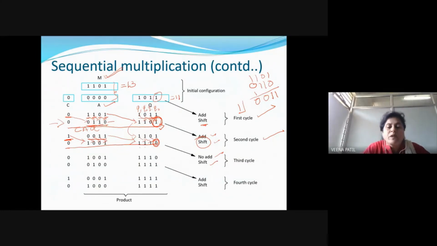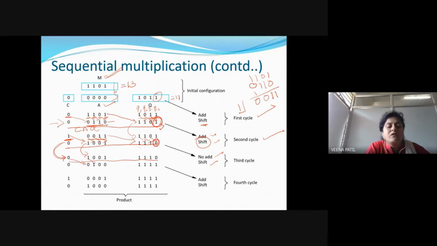Right. Now without performing addition, it is going to shift the bits. So with no addition, the answer will be the same as that of the previous stage. So the same sequence will come here. Right. Now perform the shift.